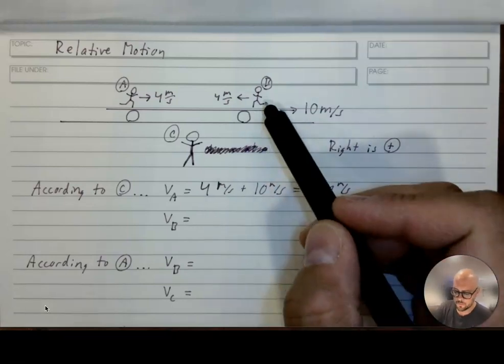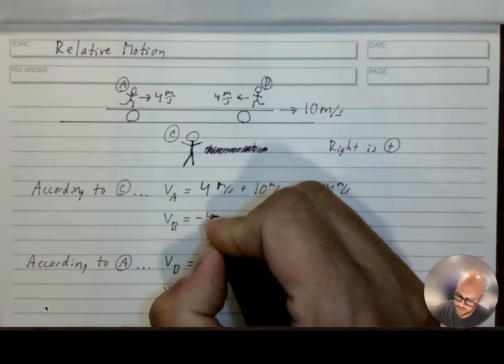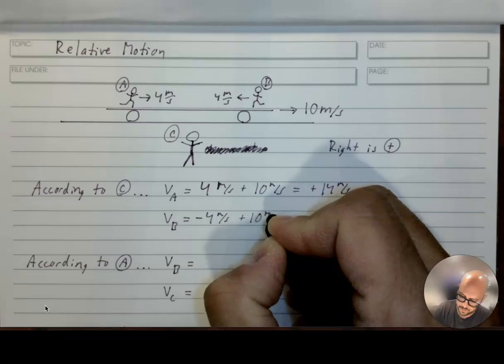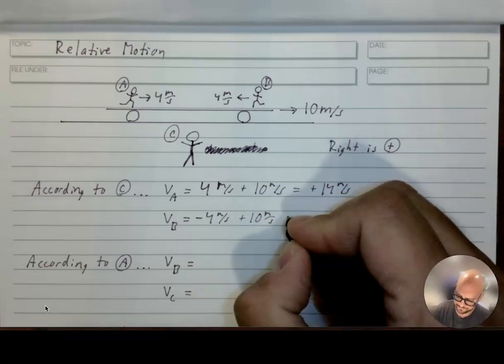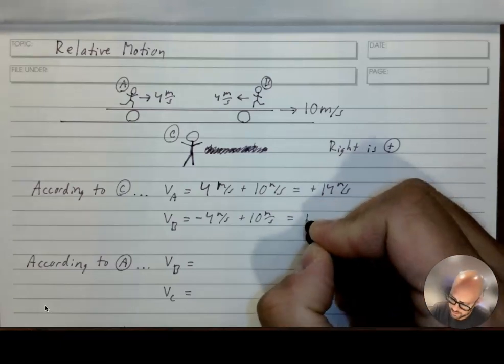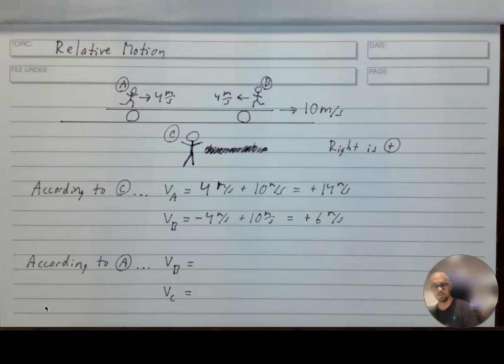The same thing is true for person B, except because they're moving to the left, they have a velocity of -4, and the platform still has a velocity of +10. This means that person B is moving at a velocity of +6 meters per second. So they're still moving to the right.